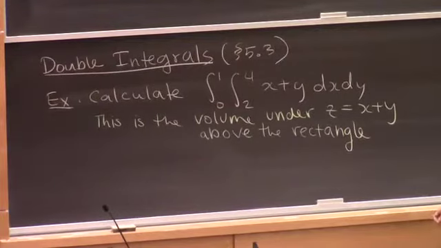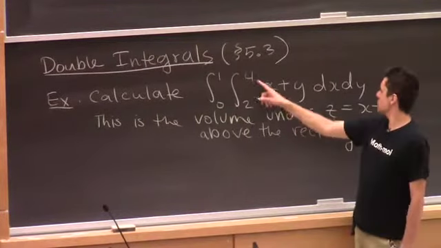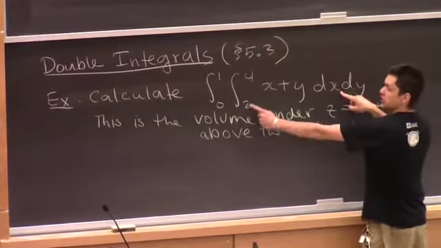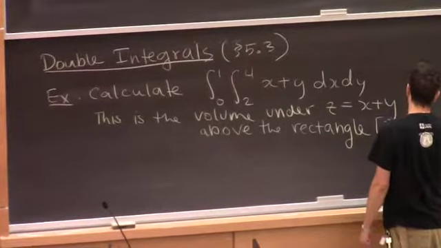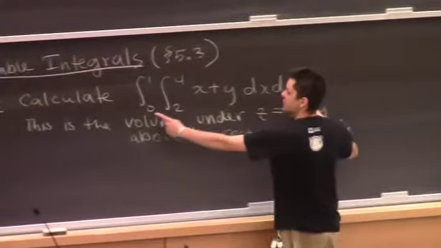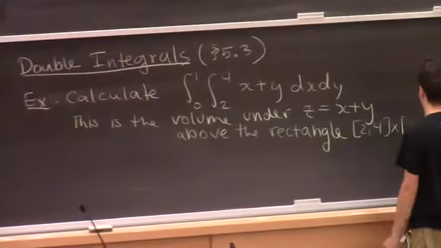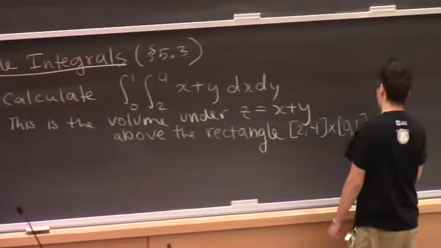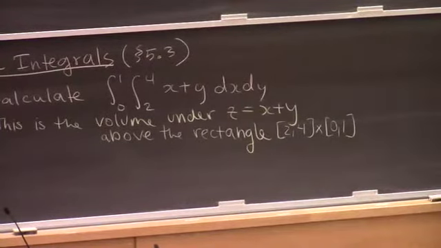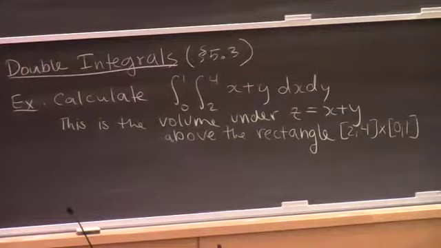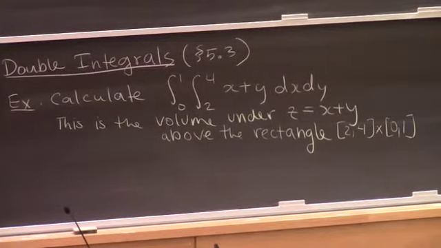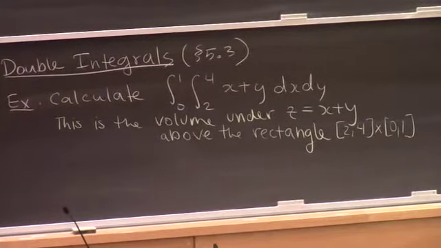What's the rectangle here? X is going between 2 and 4, and y is going between 0 and 1. Okay, so there's sort of a plane, and we're looking at the area under that plane. Okay, so let's calculate this thing.